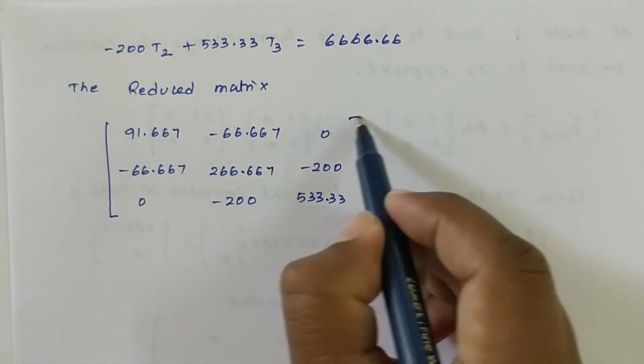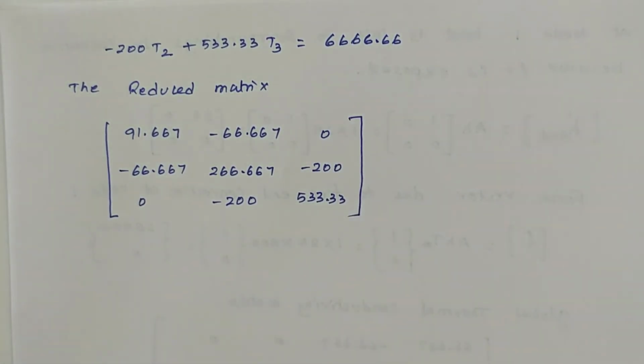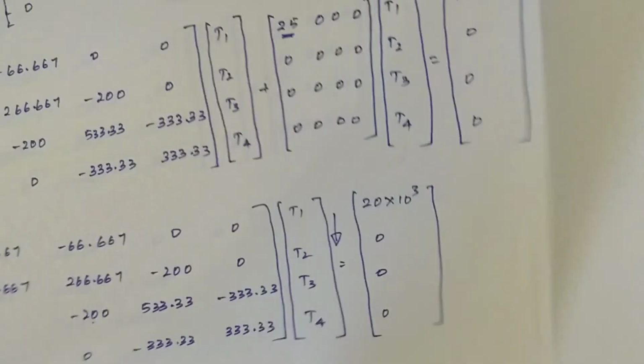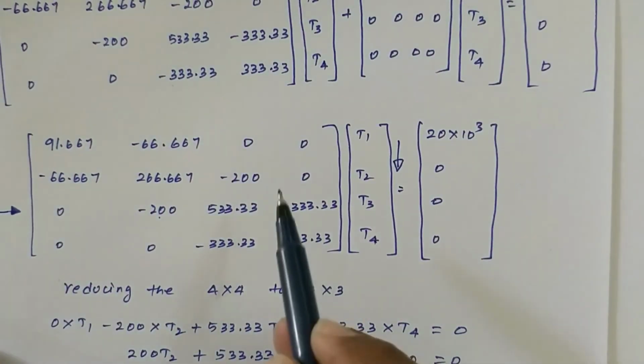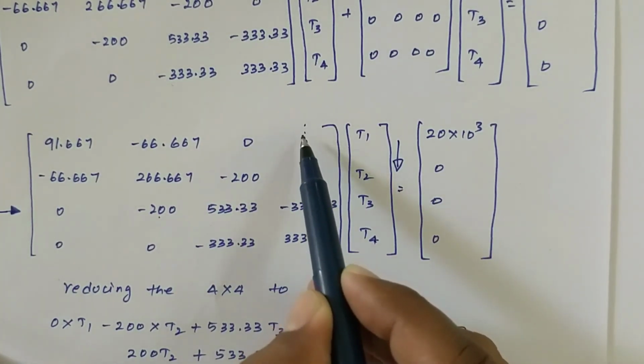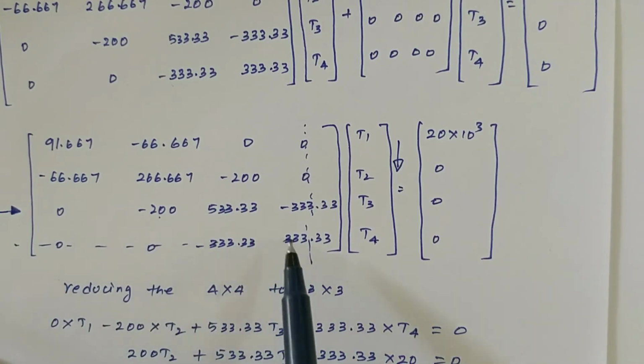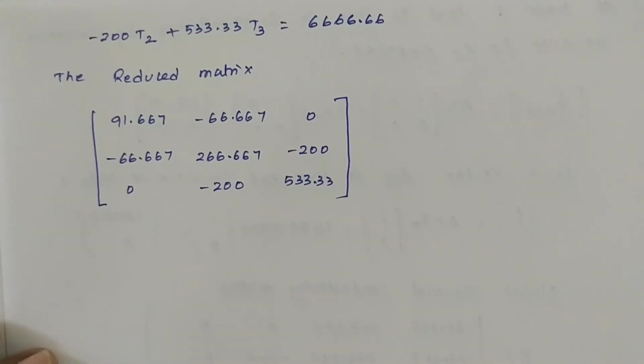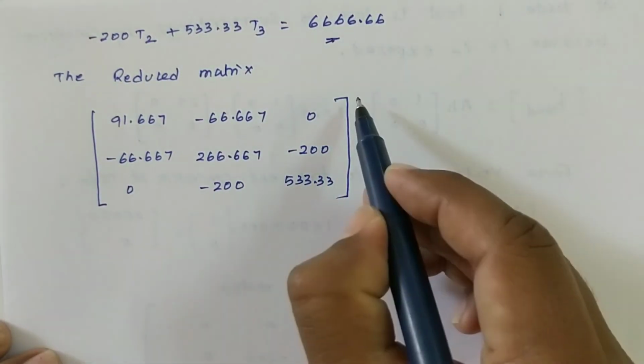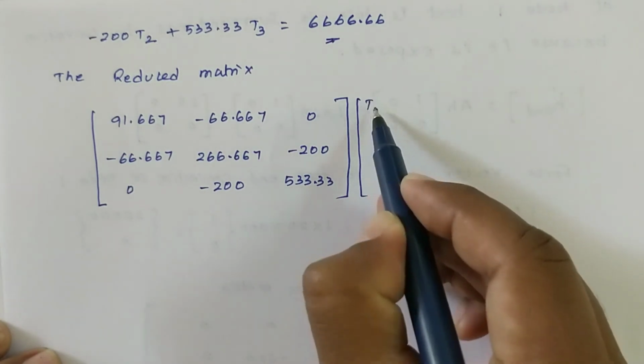What we are doing is simply eliminating the fourth row and fourth column and writing only this, and the value obtained here will be added to the force vector.